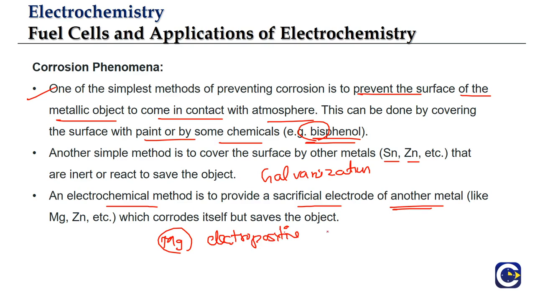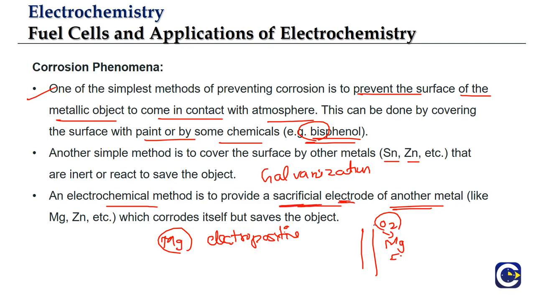So if we have an iron object and we keep a magnesium or such very reactive element next to it, what happens is, instead of allowing the iron to react with atmospheric oxygen, the magnesium itself will react. So this is what we call a sacrificial electrode.